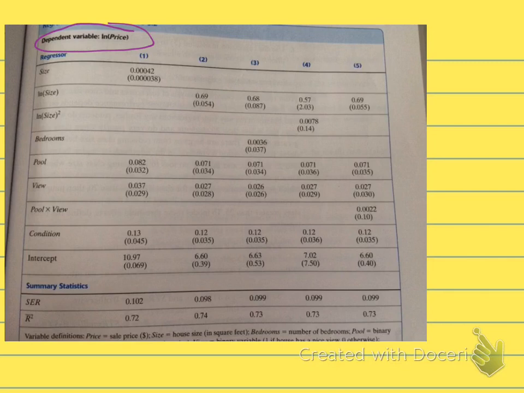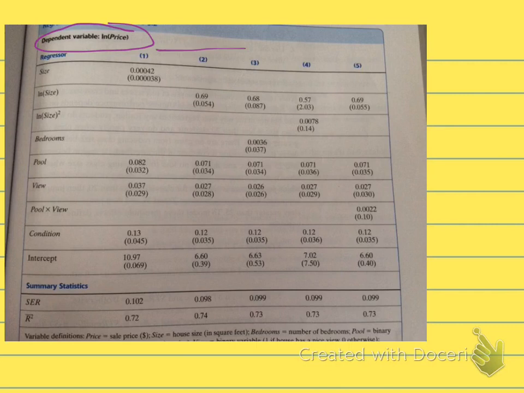But we have price as the sale price of a house, size is the size of the house in square feet, bedrooms is the number of bedrooms, pool is a binary variable for whether the house has a pool, view is a binary dummy variable for whether the house has a view, and condition is a dummy variable for whether a real estate agent reports the house to be in excellent condition or otherwise. So those are our variables.